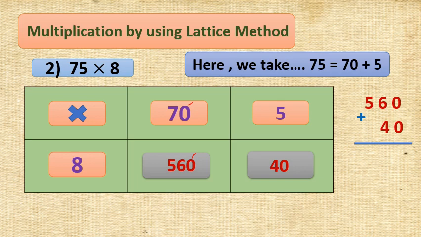Here 6 plus 4 is 10. So the answer is 600, isn't it? Now we have done two sums of the same kind, that is a 2-digit number multiplied by a single digit number.